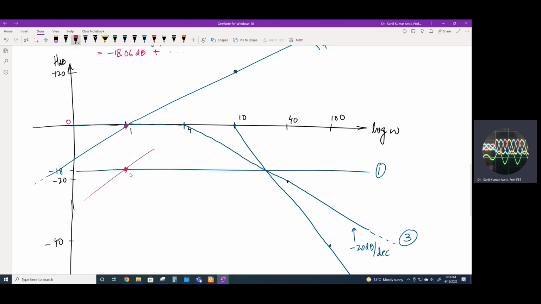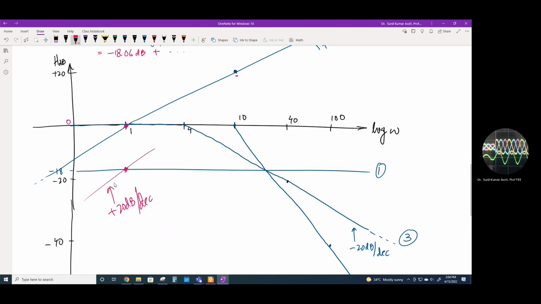We also have the value of this point, which is minus 18 at omega equals 1. So reaching omega equals 10, since the slope will be the same, it should reach plus 18 dBs, which will be somewhere here. So we can connect these.